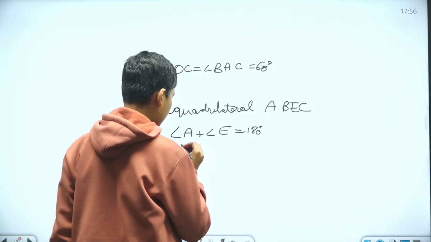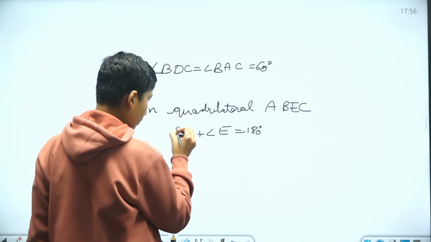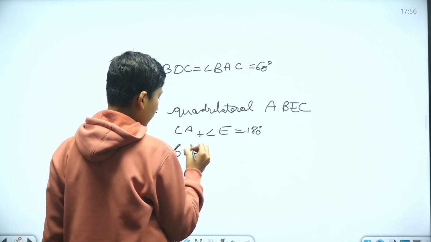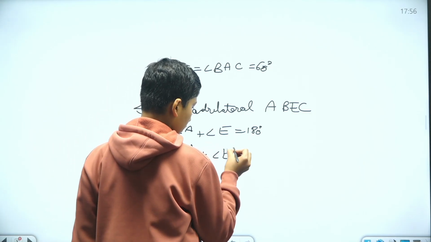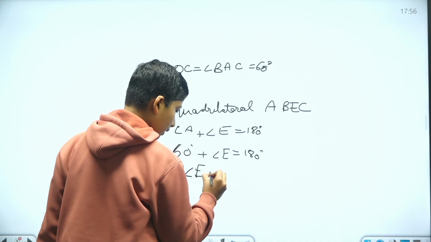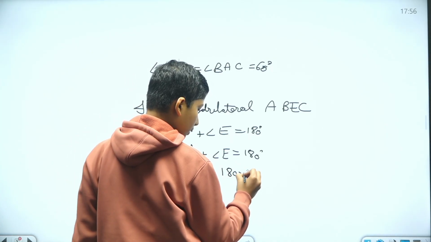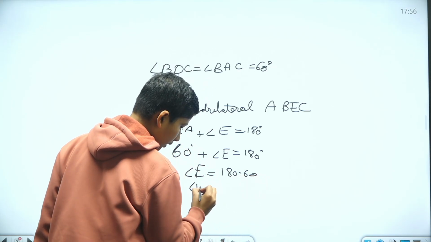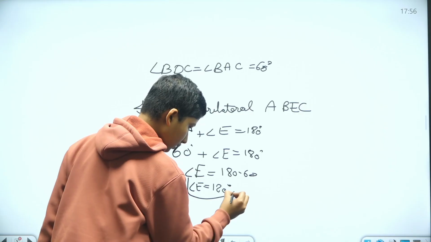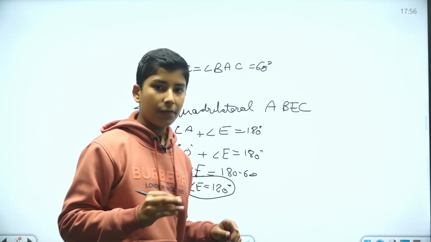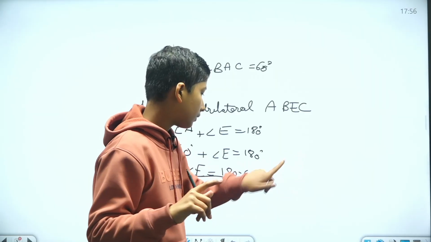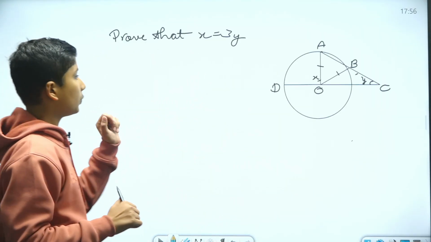Angle A we know 60 degree. 60 degree plus angle E equal to 180 degree. Angle E equal to 180 minus 60. Angle E equal to 120 degree. So in this we have found out all of the angles. Now let's come to our next question.